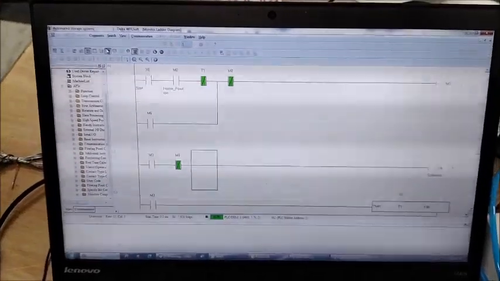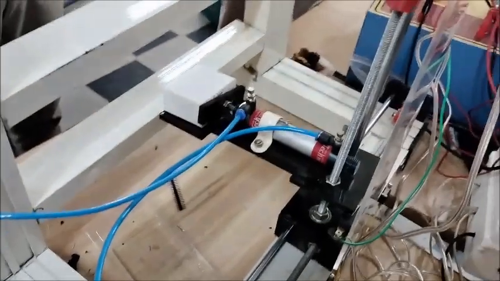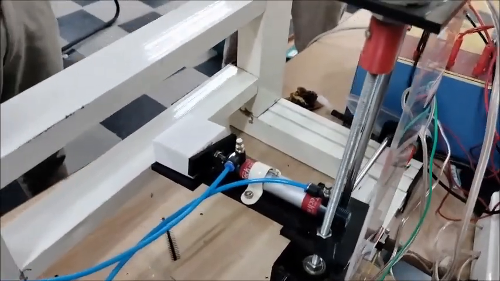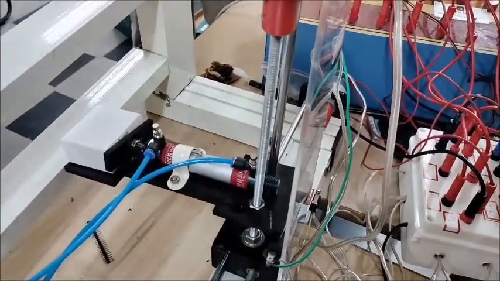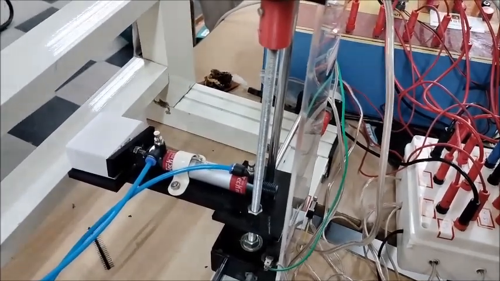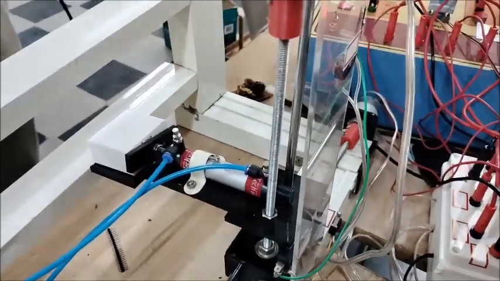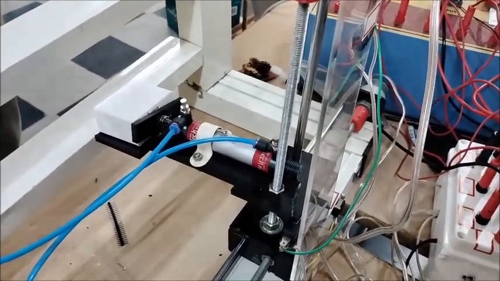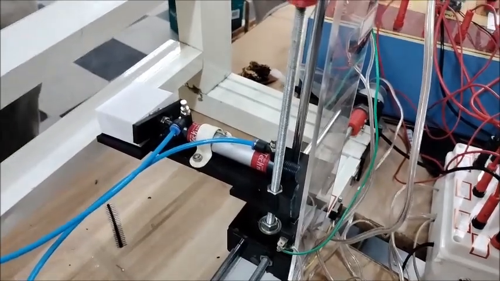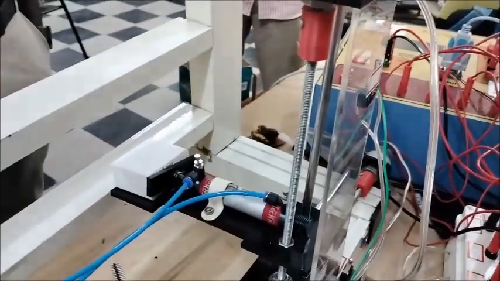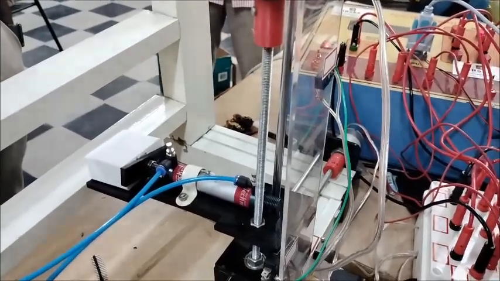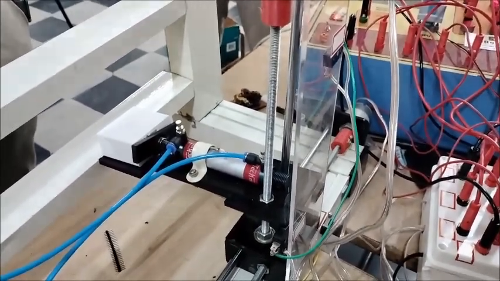This is a PLC program. The PLC program is developed in the WPL software. We have used a low speed motor, that is why it is taking more time. So this is the second position.